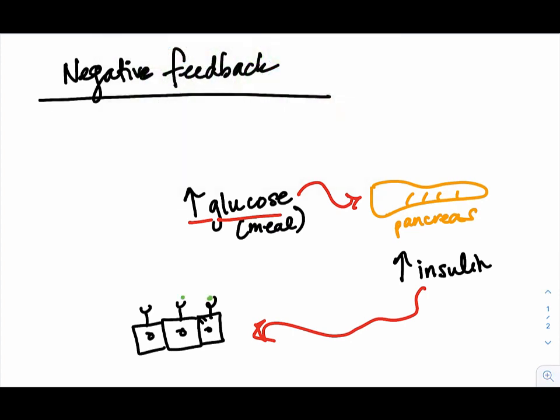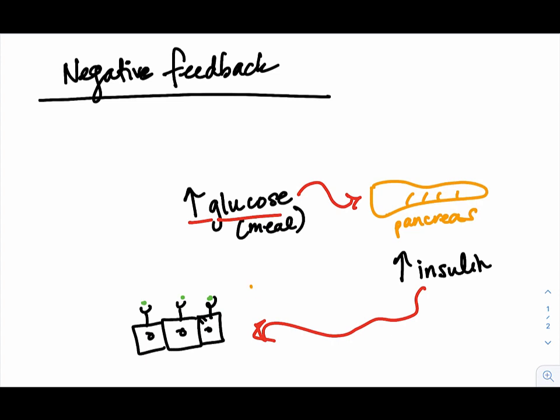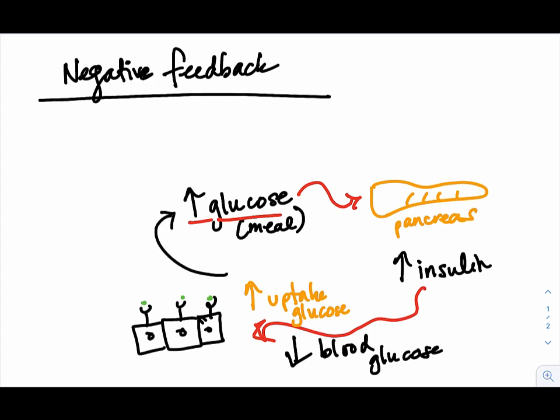That glucose is then going to be taken up into the cells and stored. That increased uptake of glucose then causes a decrease of blood glucose. That overall then balances the initially high blood glucose.